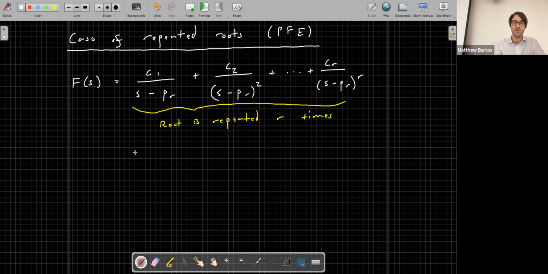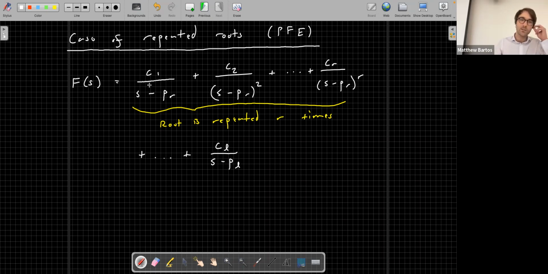Okay, and then we may have other terms as well. So we have other roots all the way up to CL over s minus pL. Okay, so this is the same partial fractional expansion as before, except we now have some root that is repeated. And in this case, it's repeated R, as in Romeo, times.